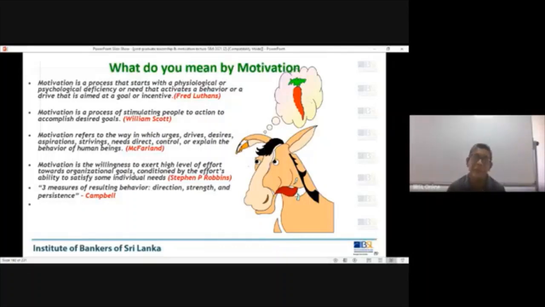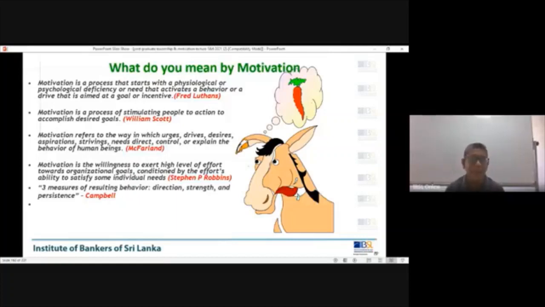So you have identified there may be a deficiency, and you are trying to drive or change your behavior to go for that. Motivation is a process of stimulating people to action to accomplish a desired goal.